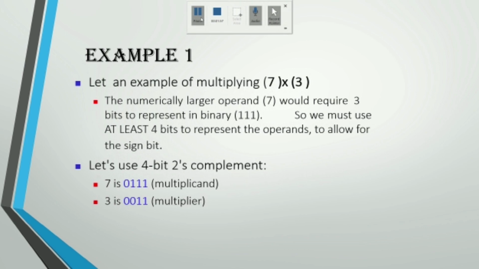The numerically greater operand is 7, which would require at least 3 bits in binary to represent it. This means the x bit should be at least 4 bits, so that the first bit will represent the sign of 7. So you can see here we have taken 7 as multiplicand and 3 as multiplier.